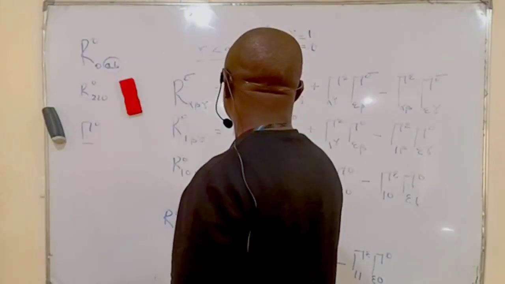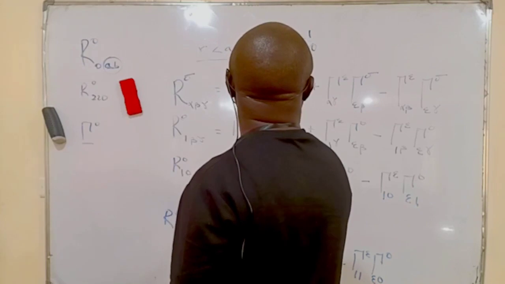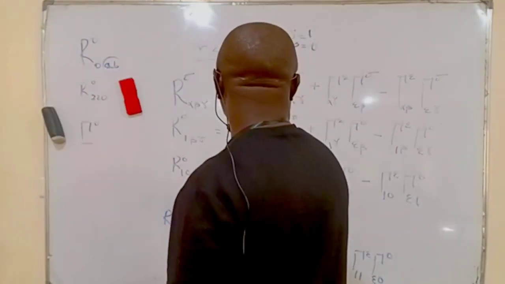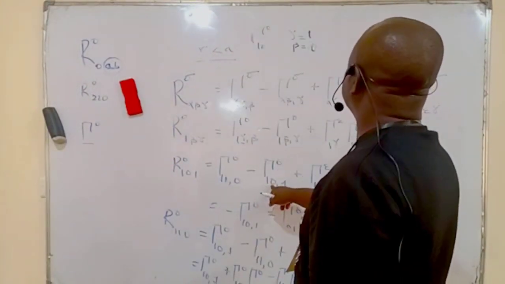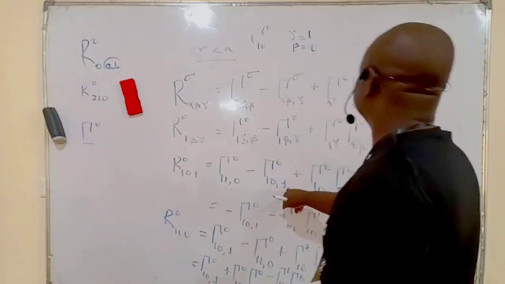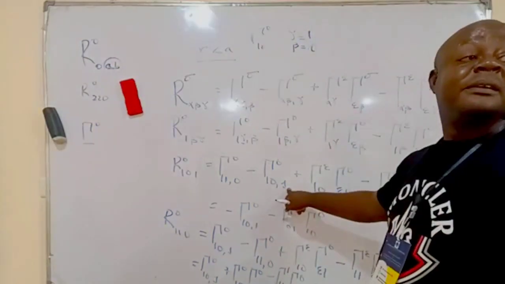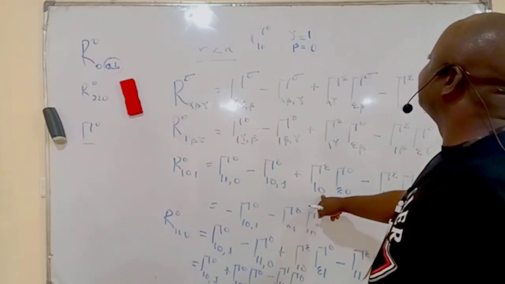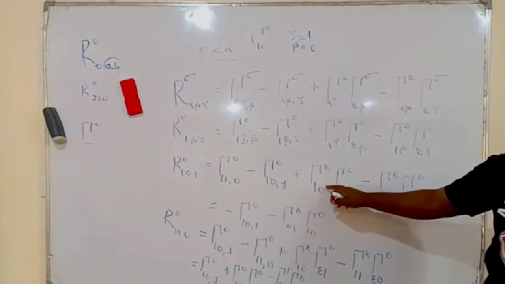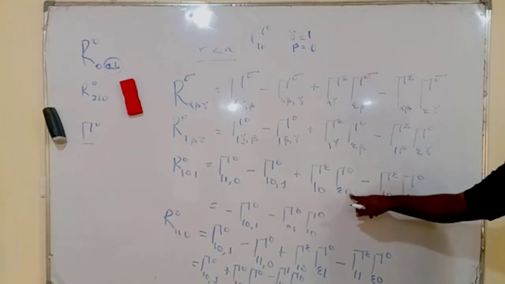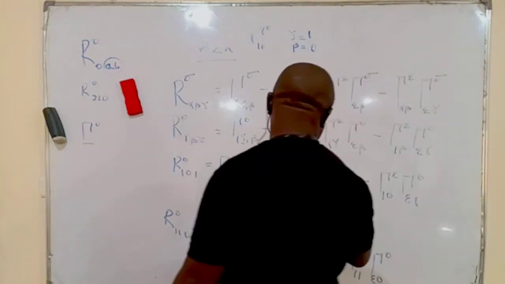So our gamma is 1, our beta is 0. Here our beta is 0, our gamma is 1. Okay? Then here our gamma is 1. This is where we made the mistake. This is 1. Our gamma is 1. Our beta is 0. So this is where we made a mistake.